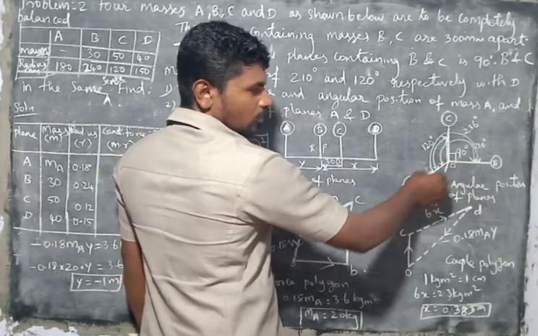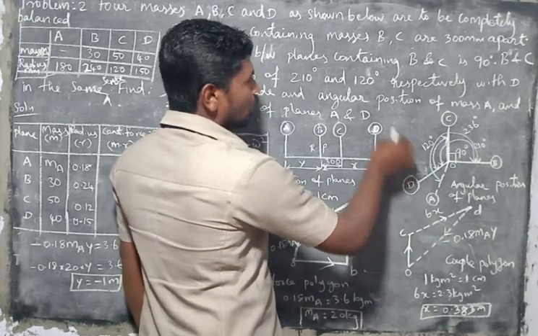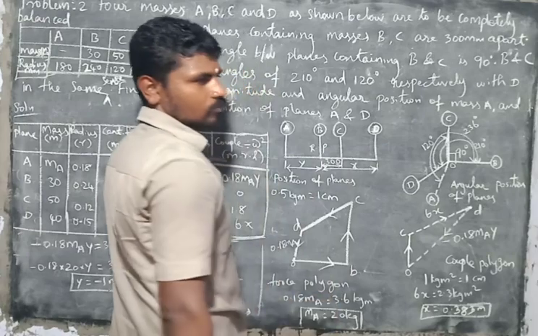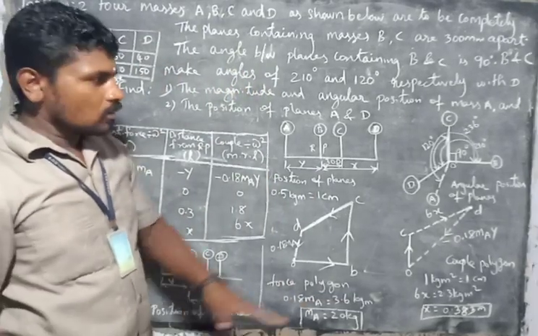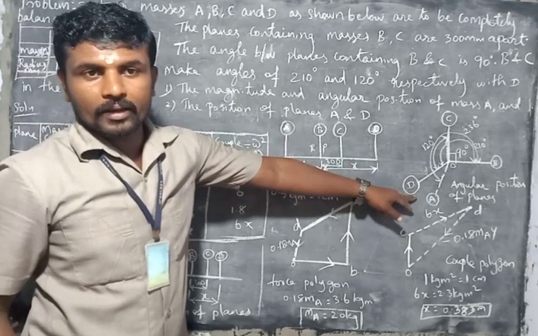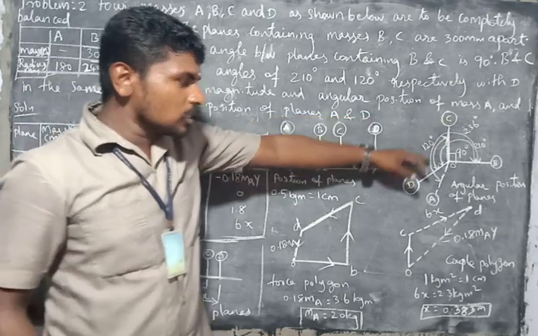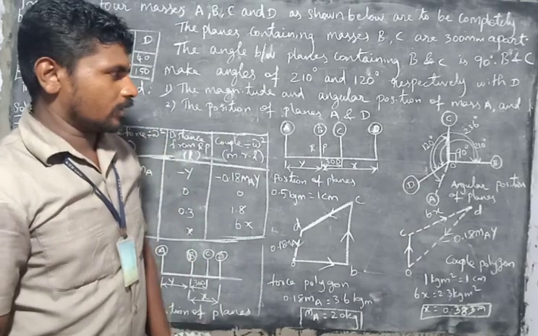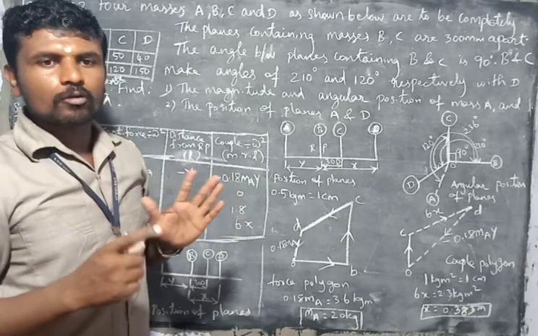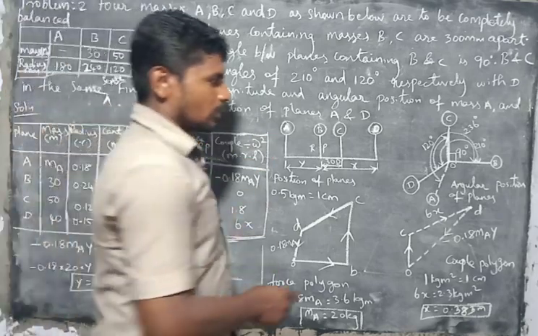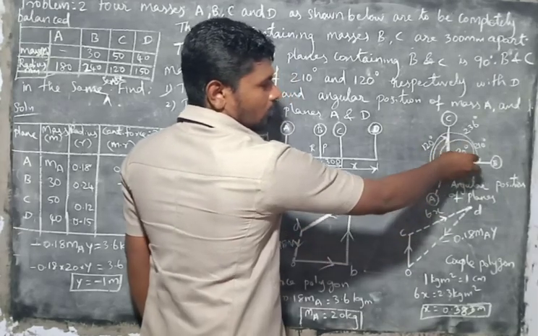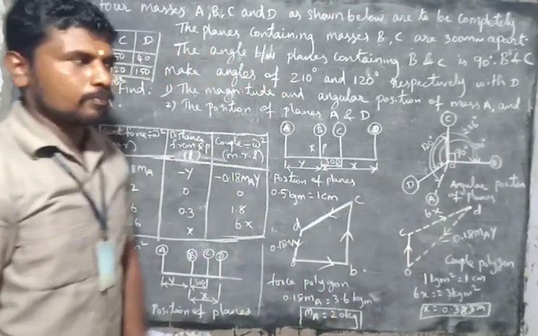B to D is 210 degrees, and C to D is 120 degrees. For the single plane D they mention the exact angles, right? The value will be 210 degrees from the B plane, right?